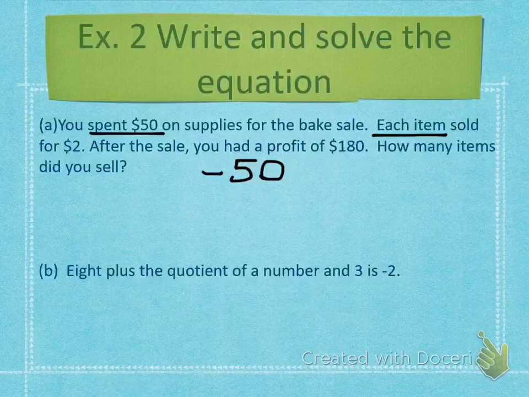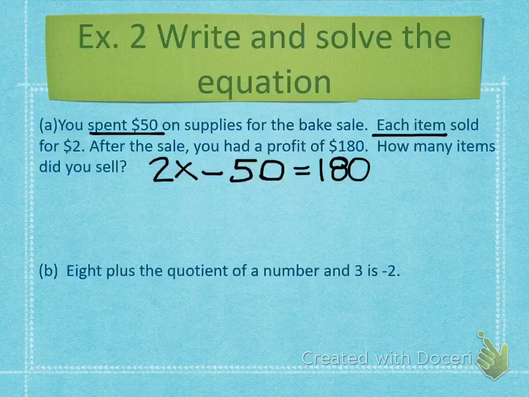Well, we don't know how many items, so the item becomes our unknown, but we know we're multiplying it by 2. Okay? So that is what we are now going to subtract 50 from. 2 times x is going to give us our profit, but we got to take off $50 because we spent money. All right? After the sale, though, we have a profit of 180. So how are we going to finish this equation? Equals 180. And then we're going to solve.